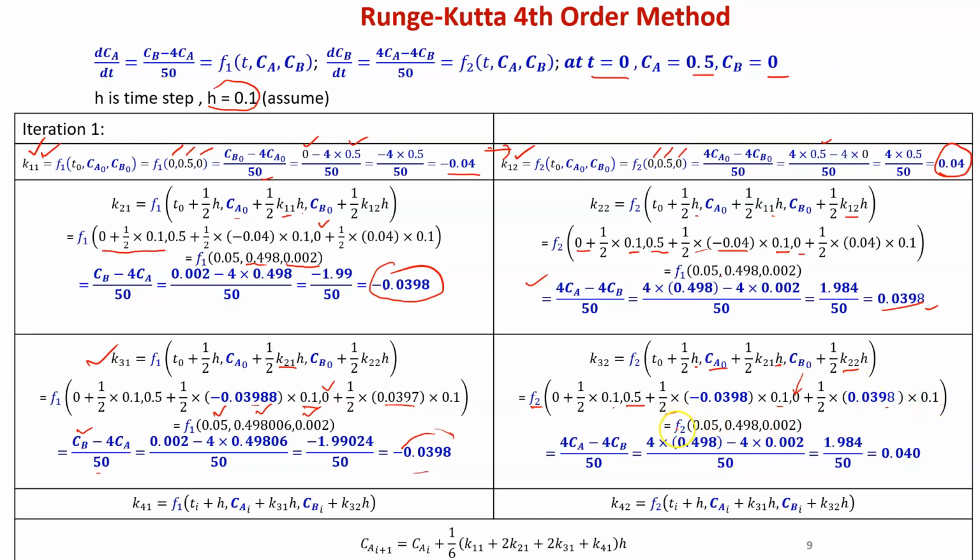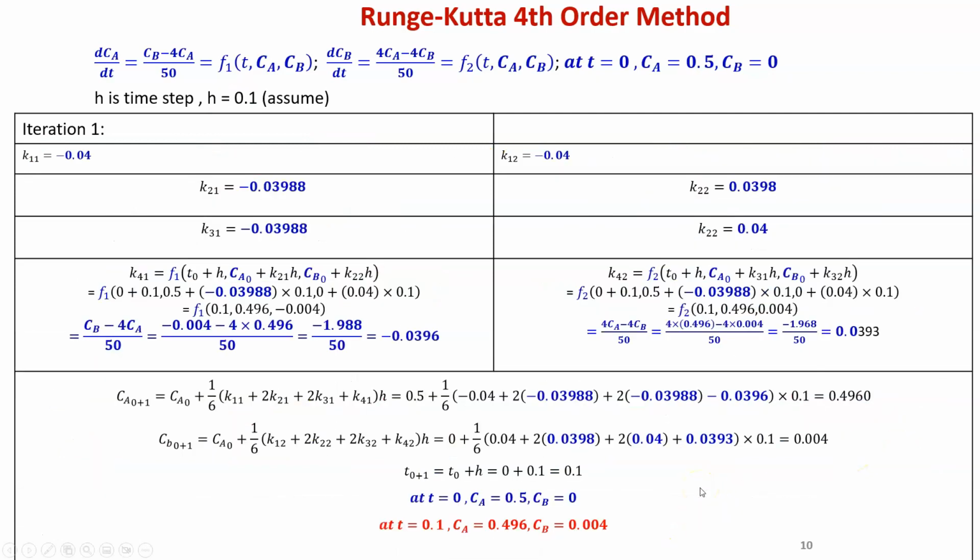So ultimately F2 is F2 of T, CA0 and CB0, 0.5, CA0 0.498 into 0.002, and then we know the equation 4CA minus 4CB by 50, that is 4 into 0.498 minus 4 into 0.002 by 50. Ultimately we will get that K32 is 0.040.